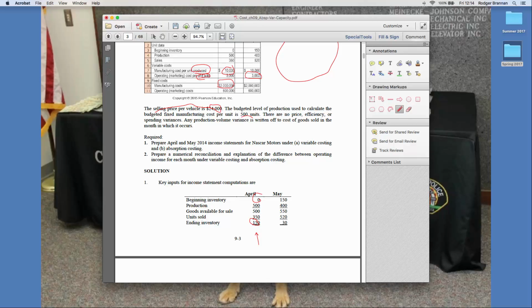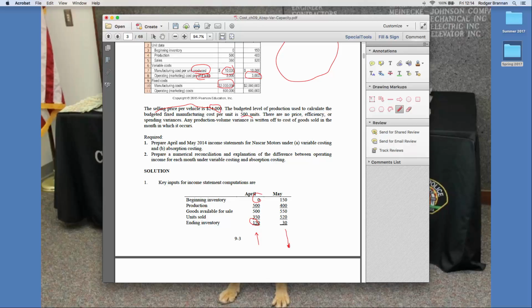Now, in May, the inventory levels fall from 150 down to 30. So as a general rule, again comparing using absorption costing, when inventory levels fall, absorption costing will have lower operating income than variable costing.